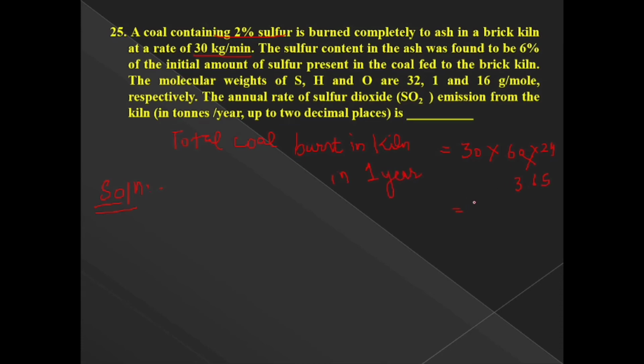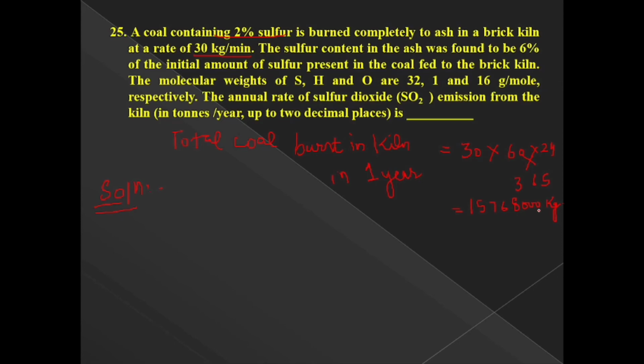So my dear students, here our value is 1,576,800 kilograms. This is the total amount of coal burnt in the kiln in a year.